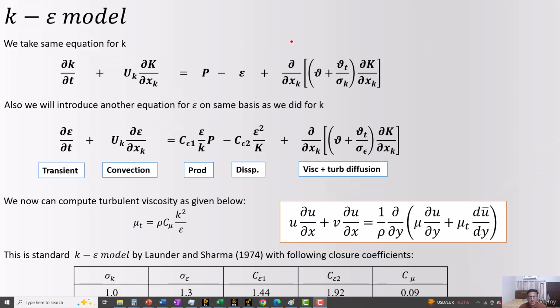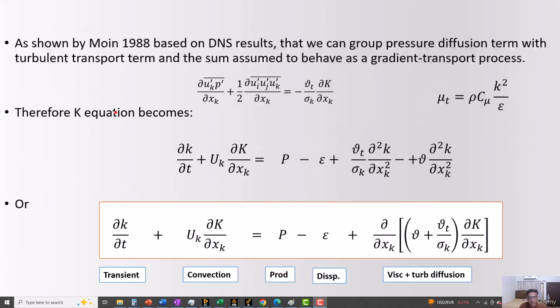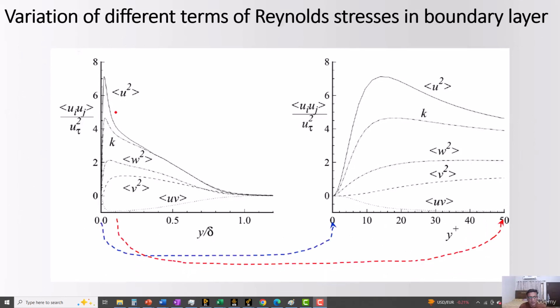For example, this is the equation for the k epsilon model, which is also used in Fluent. The equations for k and epsilon are similar, and they are not derived directly from first principles. The k derivation is there, you can see here.